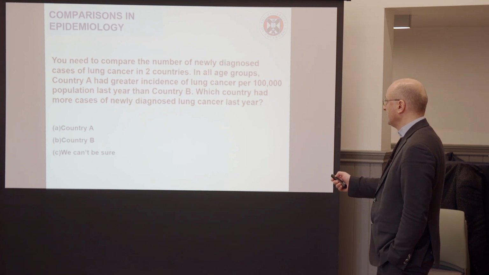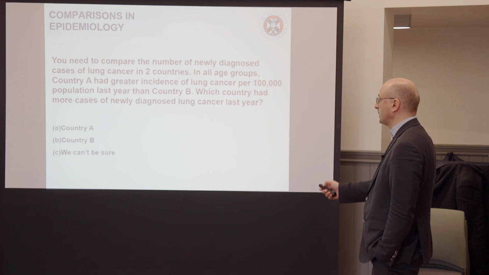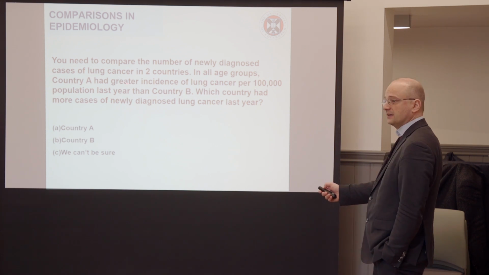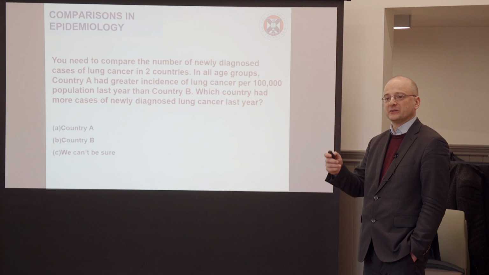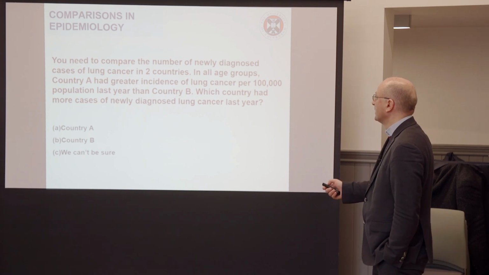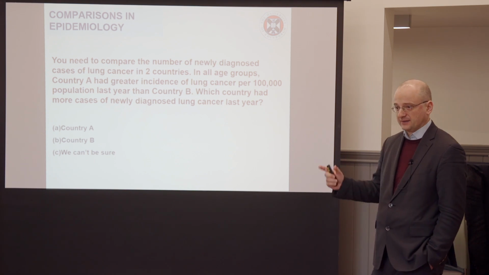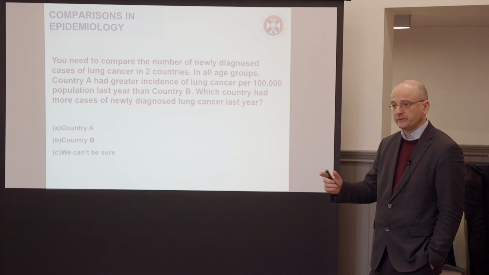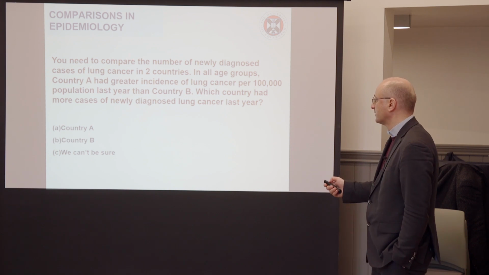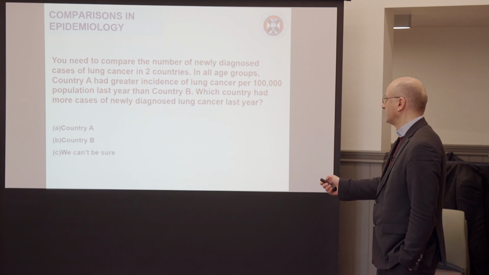So we're talking incidence, number of cases of lung cancer per 100,000 people per year. That can be both males and females, so Rutuja cannot be the only one right this time. So we're talking two different countries. In each age group, from start to finish, one country has a greater incidence of lung cancer per 100,000 per year than the other country.